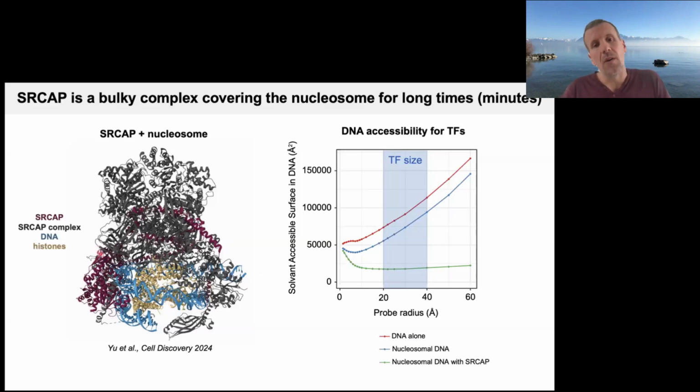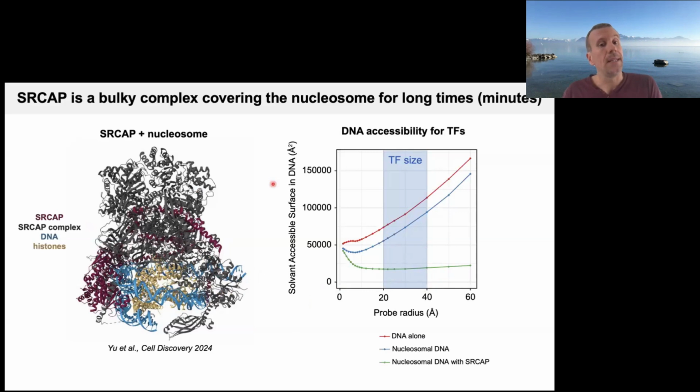And if you try to compute the accessibility of DNA within this structure to transcription factors, you can see that a large fraction of DNA is not accessible to transcription factors. Another interesting aspect of SRCAP biology is that it was shown to bind to the nucleosome for a very long time, for several minutes, at least in vitro.